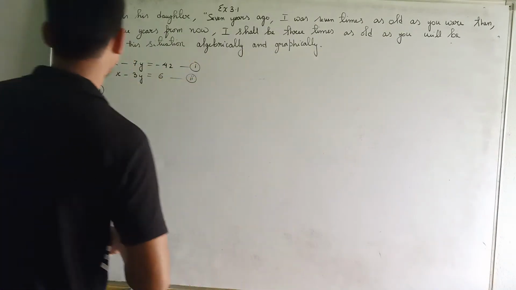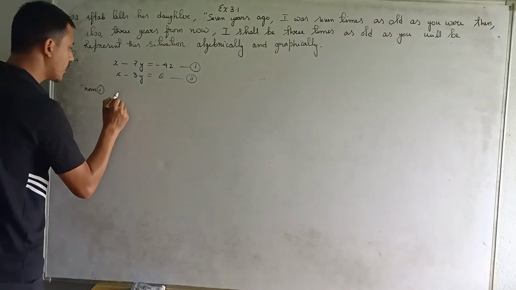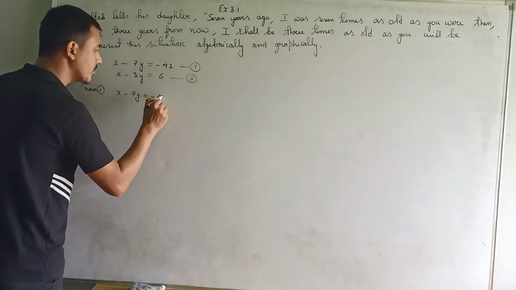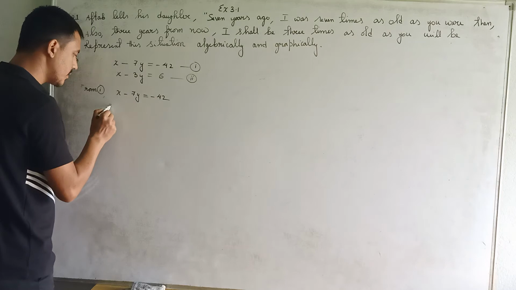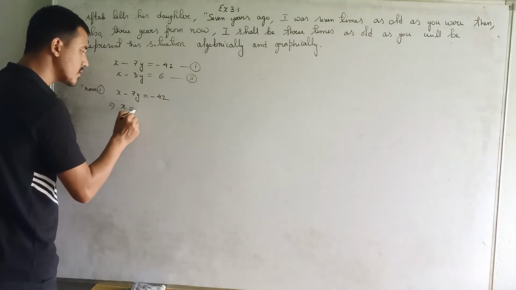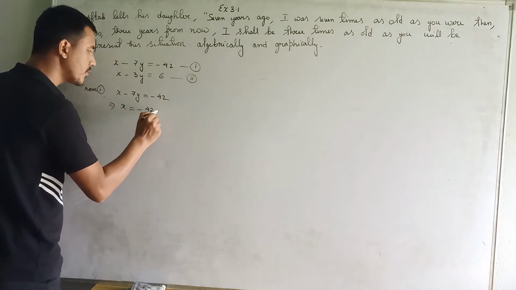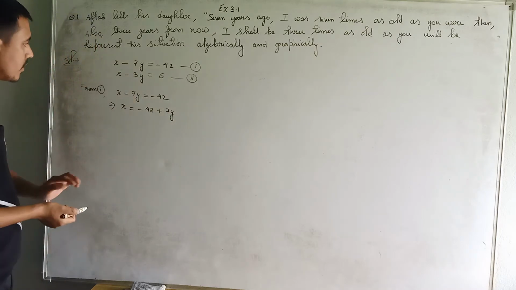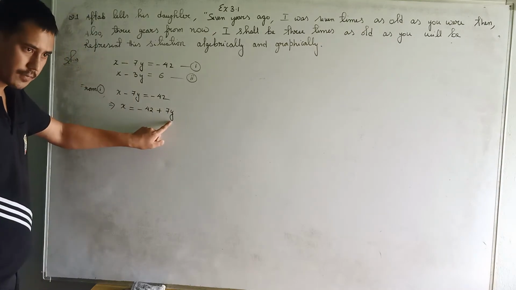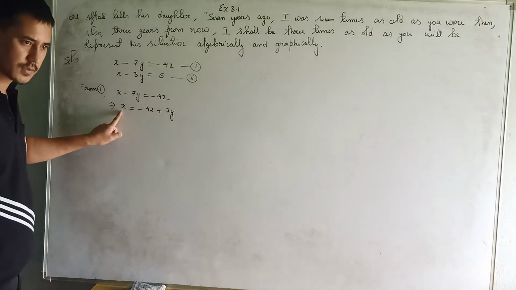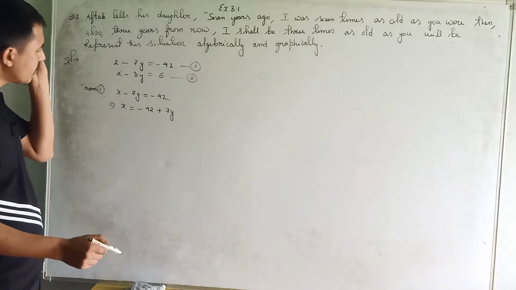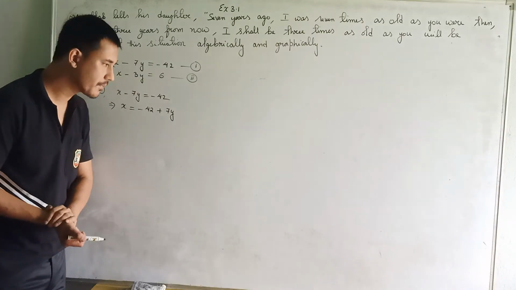Your equation 1 is x minus 7y is equal to minus 42, right? So I'm going to write x as minus 42 plus 7y. Put any values of y and determine x. But you need to think for the other equation also. You just cannot take any values that you like.